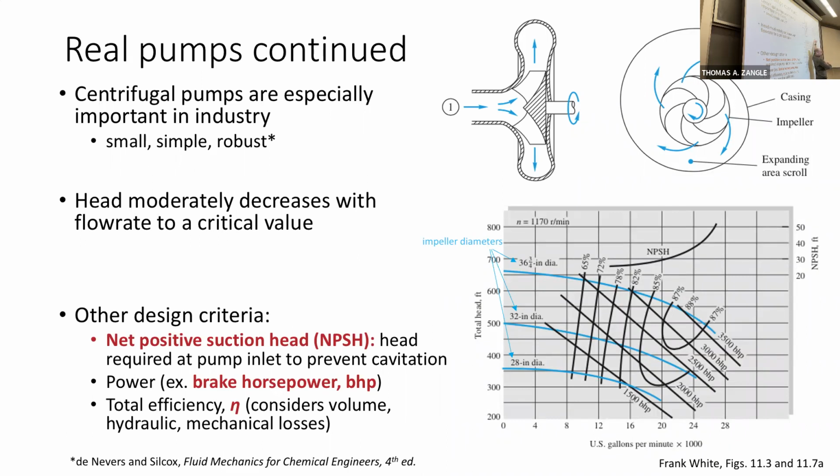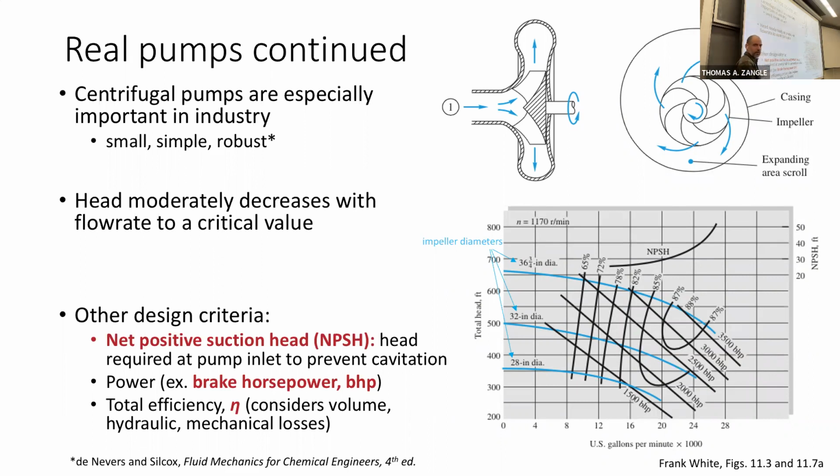But as you're doing that, you have regions of high velocity, and those regions of high velocity create low pressure. Think back to the Bernoulli equation. If that pressure gets too low, then you create cavitation bubbles, which can cause pitting and damage to your impeller. It's a major source of damage to impellers in this kind of pump. So the way to avoid that is to make sure that your inlet pressure is high enough that the pressure inside the system never gets low enough to create cavitation. And that's the NPSH.